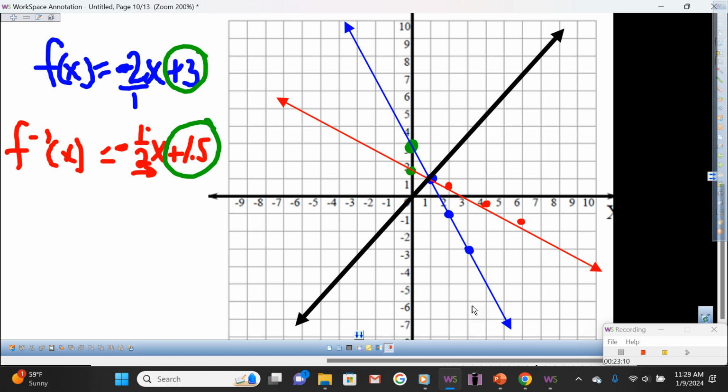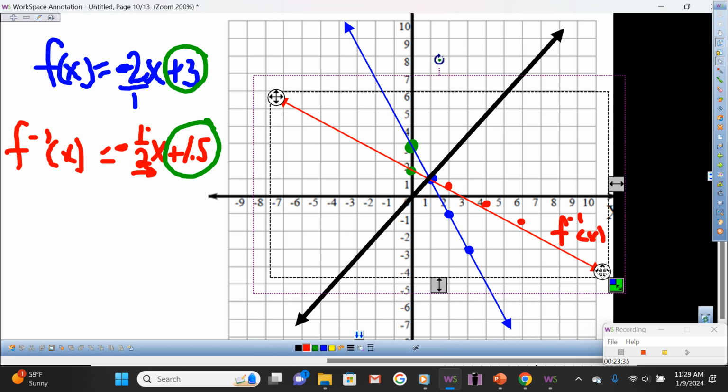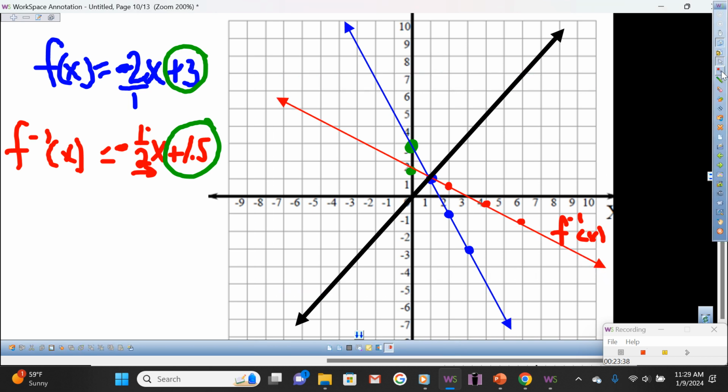All right. Last but not least, this is our f inverse of x. And this one is our f of x.